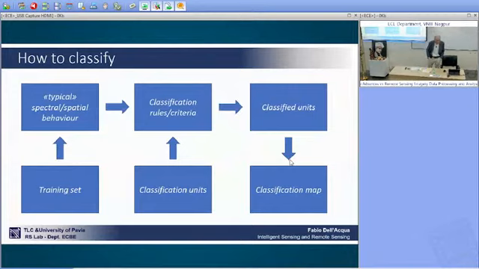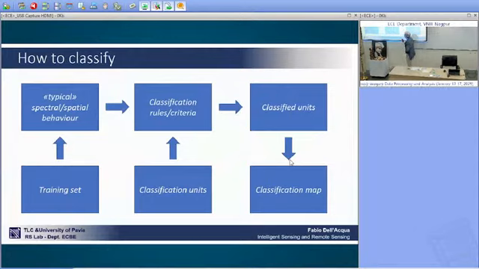So how am I supposed to act? This is a very simple scheme which summarizes the procedure of classification. I have a data set. I have a set of classification units which I will convey to the classifier, which contains a certain number of classification rules. This is a very general scheme.